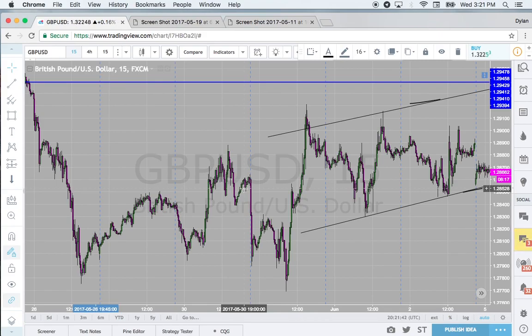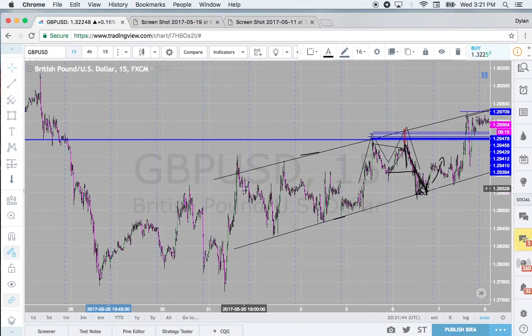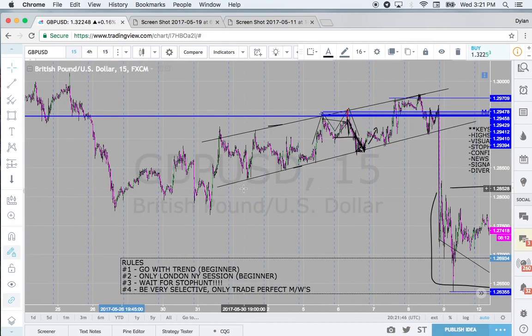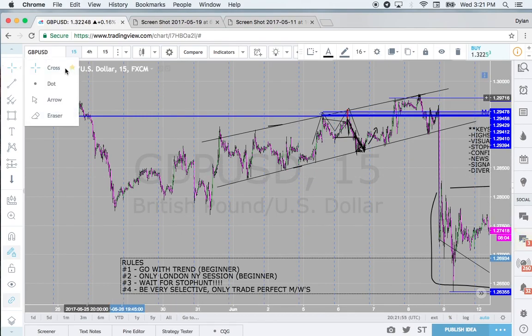Go to the next trade. There's always going to be a next trade, a next pair, a next setup. So take your confidence back, you guys.